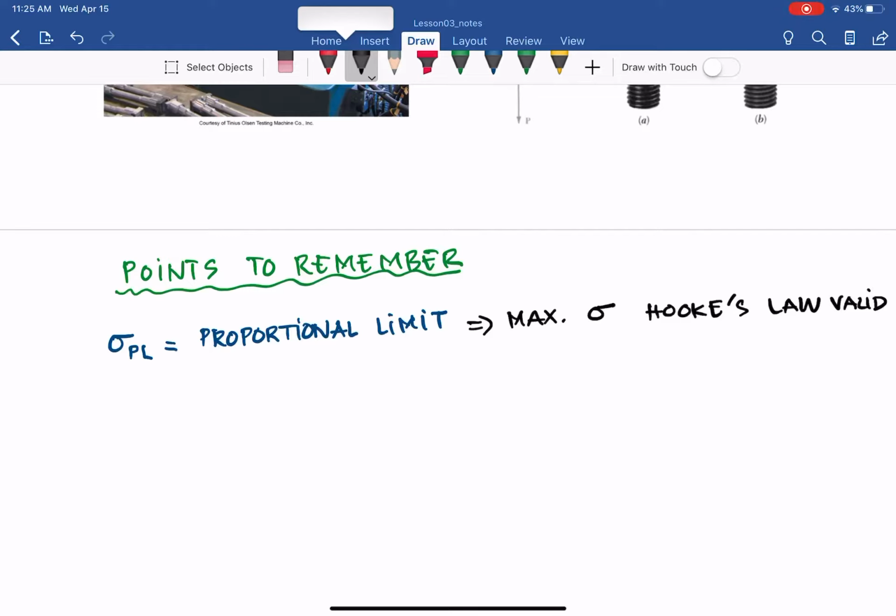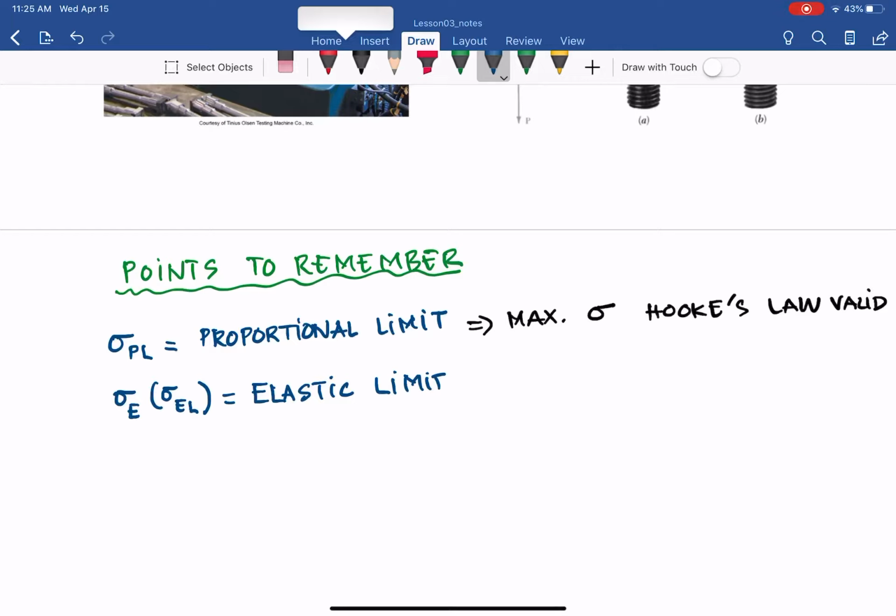And then we have the sigma elastic, sigma E, or sometimes we call it sigma EL, for the elastic limit. So it depends on the book that we have. And that is basically the elastic limit. Within the elastic limit, the material returns to the original form if we release all of the stress.